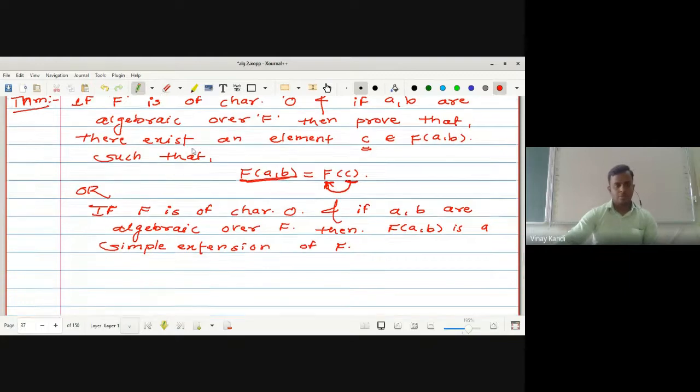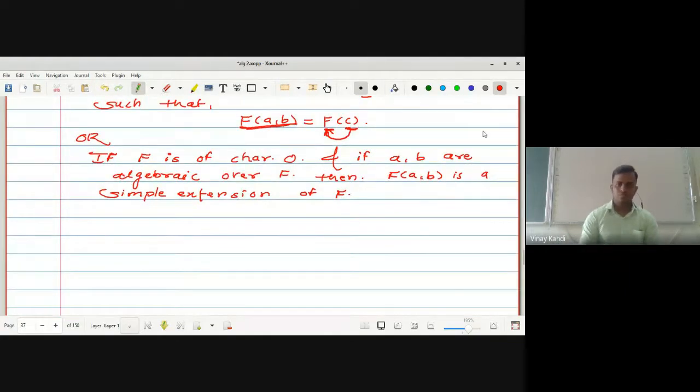Okay, look at the proof. F is a field; write down all the given things.